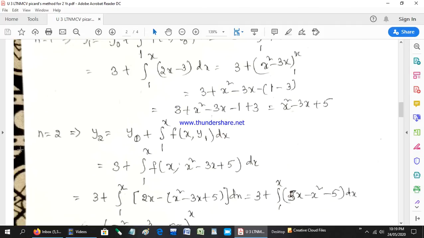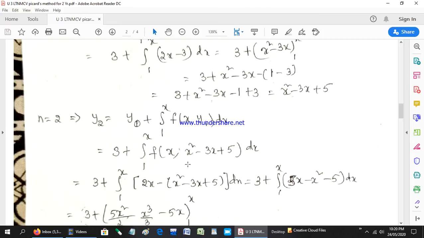The same way we calculate the second approximation for n is equal to 2. y2 is equal to, the formula is the same. In place of y0 we replace with y1. So y0 plus integral 1 to x f of x y1 dx. So here 3 plus integral 1 to x f of x and y1, where y1 is x square minus 3x plus 5.